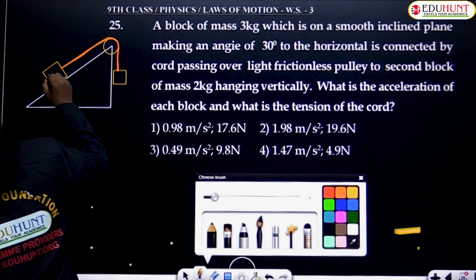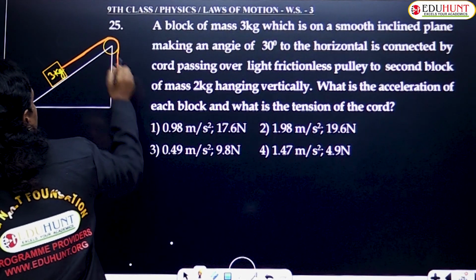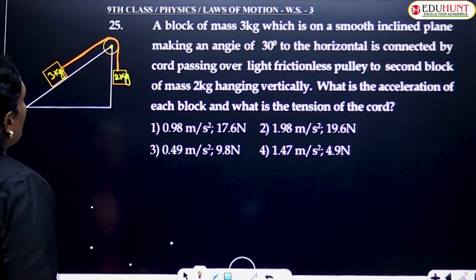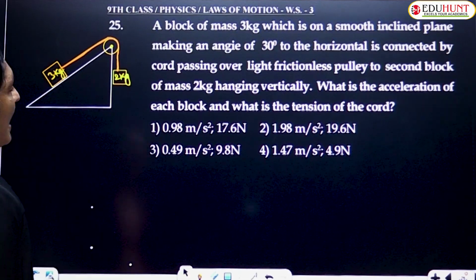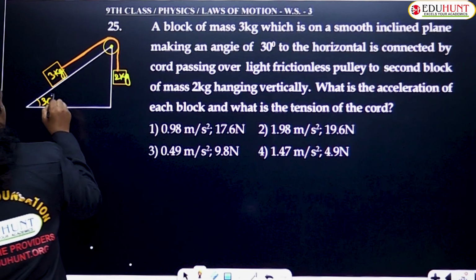This is your 3 kg mass and here it is the 2 kg mass, with the pulley and the cord. The angle of inclination is given as 30 degrees.